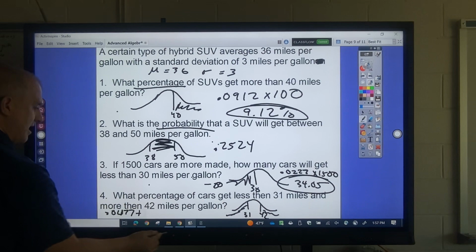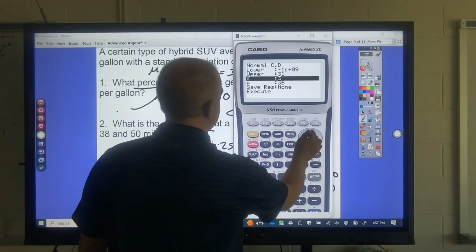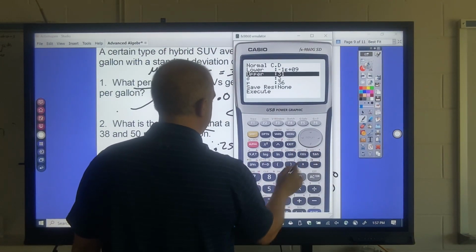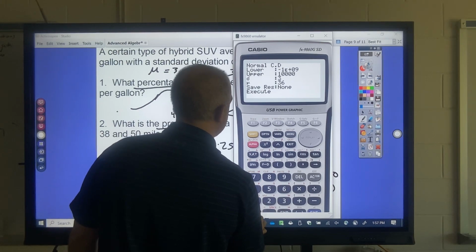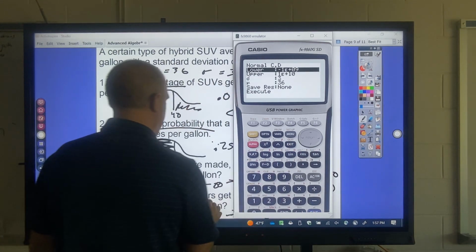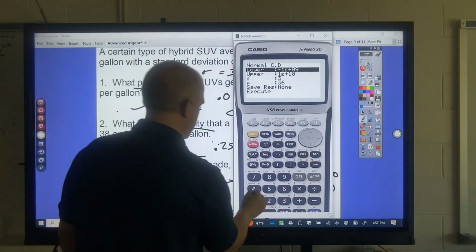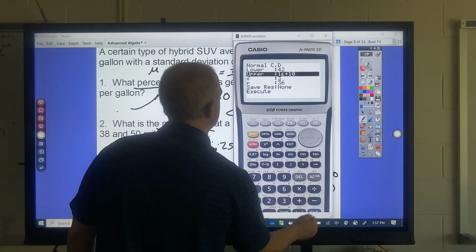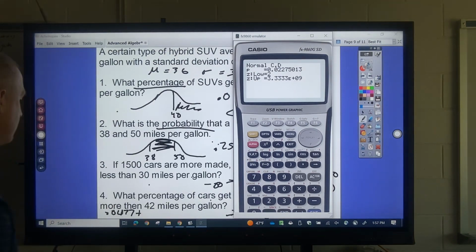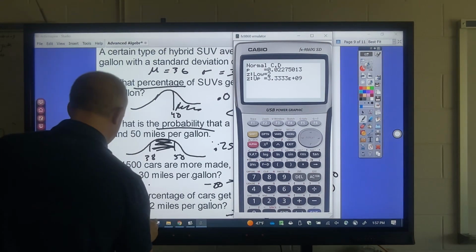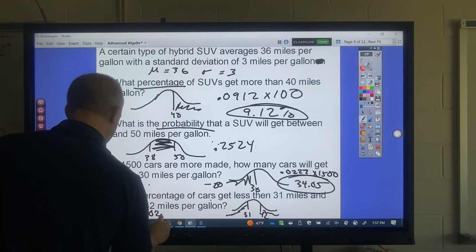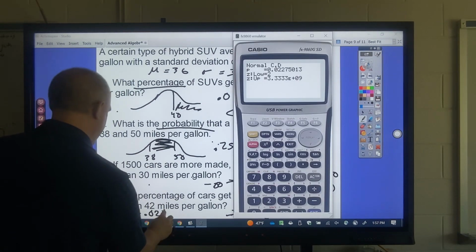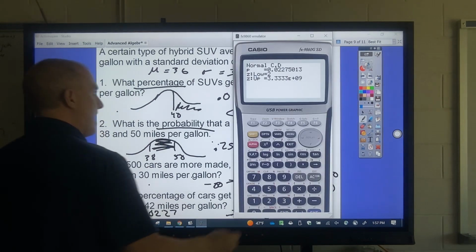I'm going to add that to, now I go back in there. The upper now is positive infinity, the lower is 42. So that's 0.0227. I want to add those two.